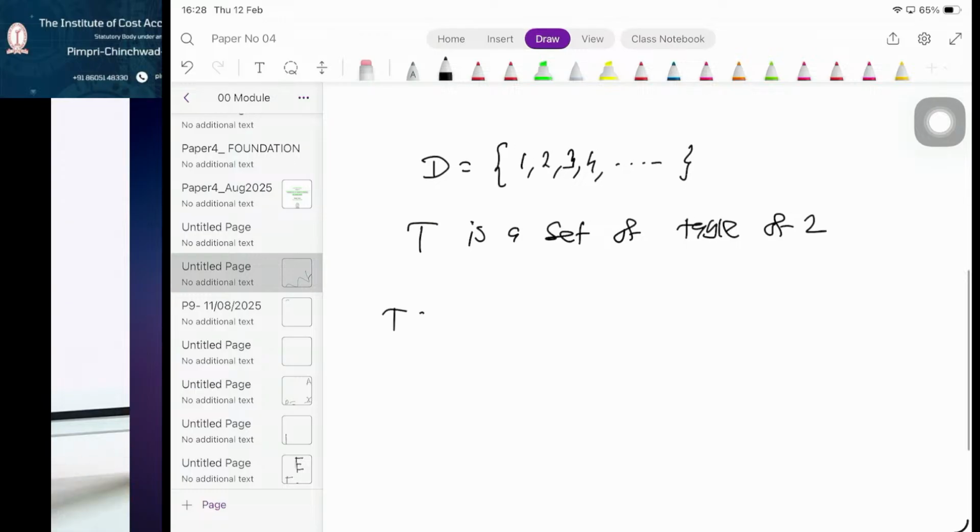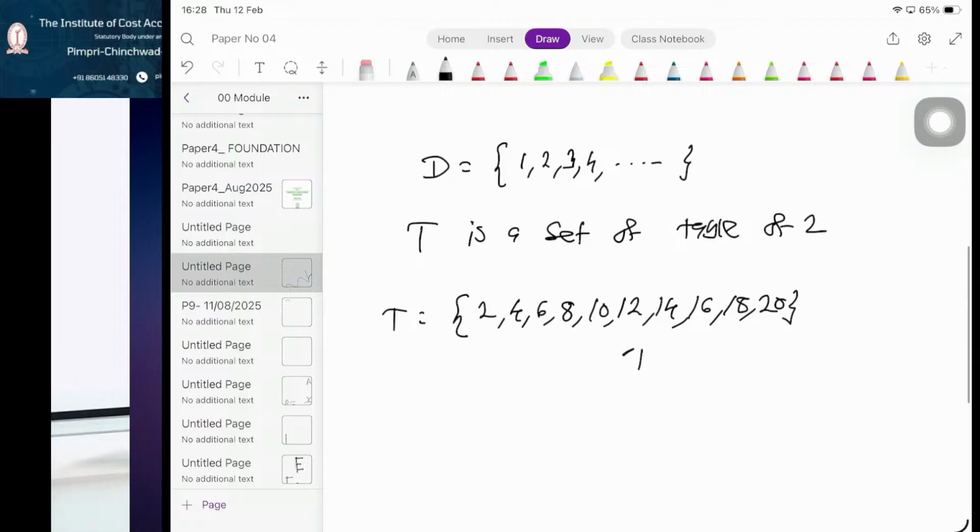So T is a set, its values will be 2, 4, 6, 8, 10, 12, 14, 16, 18 and 20. This is called the definition of a set, and these are called the members or the elements of the set.